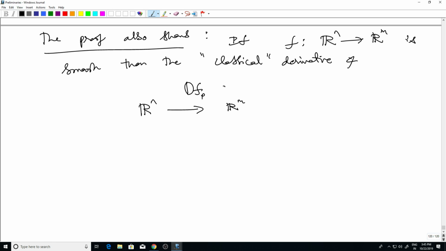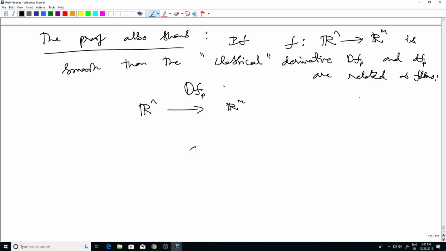The classical derivative, let's just use the notation df, so classical derivative dfp, and this current notion of derivative, small dfp, are related as follows. The classical derivative is a map from Rn to Rm.